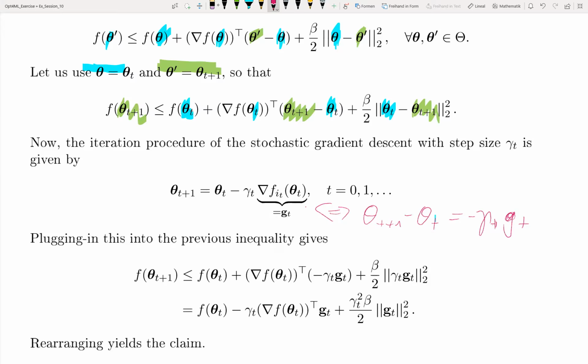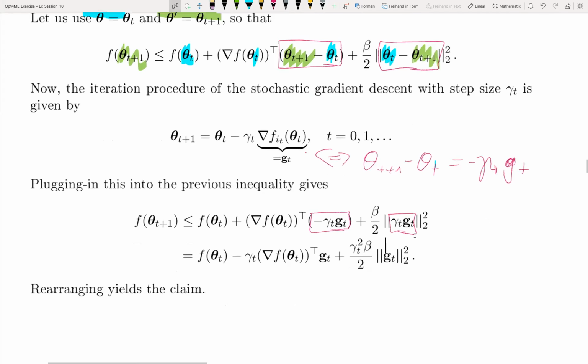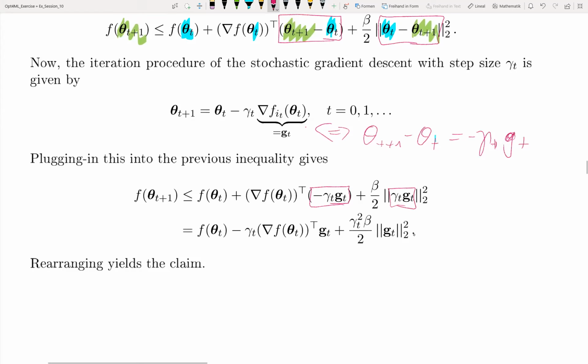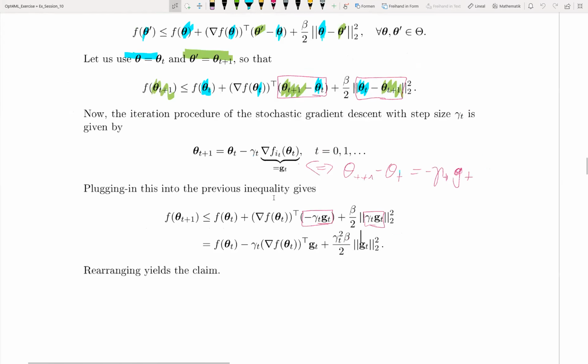So here and here we have this and this. And in Euclidean norm, we can forget about the minus, it doesn't change the length. And then it's just playing around a bit. So minus gamma t times g_t is the same as if we would multiply the inner product first with gamma t and then do the inner product. Here the gamma t in the squared Euclidean distance comes out of it as a squared term. And now checking what we want to have at the end.